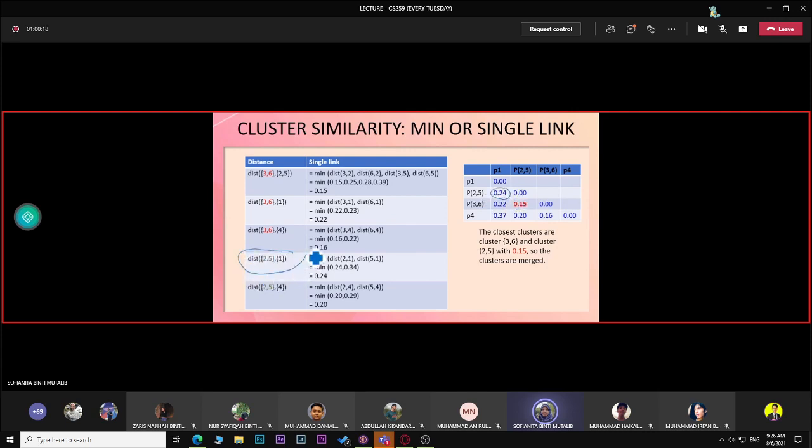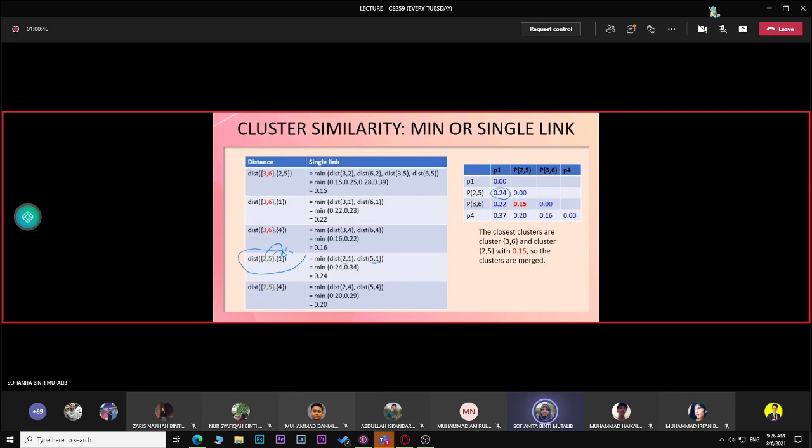This is cluster 2, 5 and object 1. So the distance of 2, 1. Macam mana kita nak extract, which is 2, 1 and then 5, 1? Yang ini kita nak dapat dari mana? How do you get distance 2, 1 and also the distance of object 5, 1?